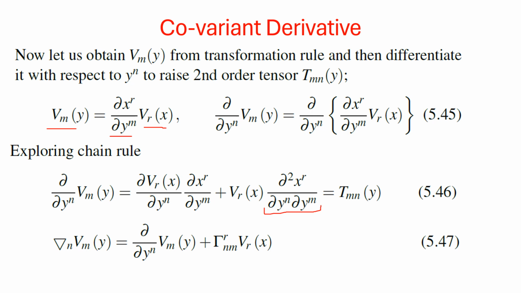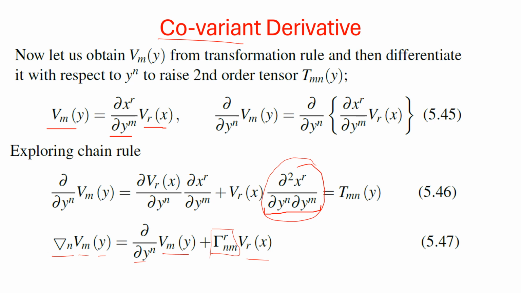We shall not call this the normal derivative, we shall call this the covariant derivative. So del n, that is the covariant differentiation of Vm, that is a function of y, is the partial differentiation of Vm with respect to yn plus this Christoffel symbol gamma r m n, which is actually this quantity, the mixed partial derivative, into Vr x.